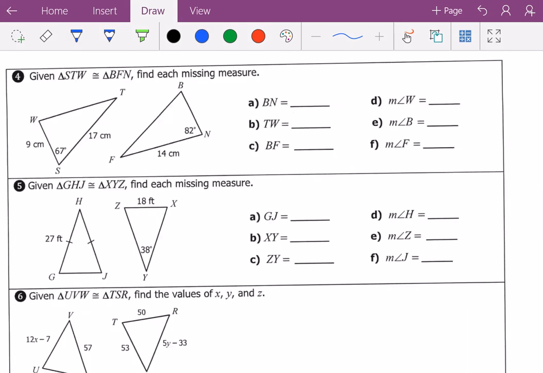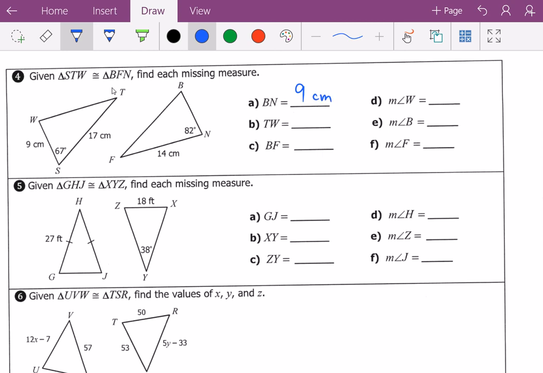Right, now looking at number 4, we've got triangle STW congruent to triangle BFN. It wants to know what the measure of BN would be. So BN is the first and the third, matches to the first and the third, so that would be SW. If we look at that, SW is 9 centimeters, which means BN is also 9 centimeters.